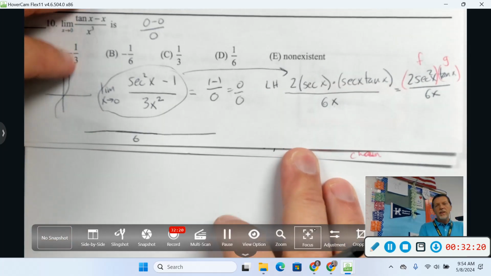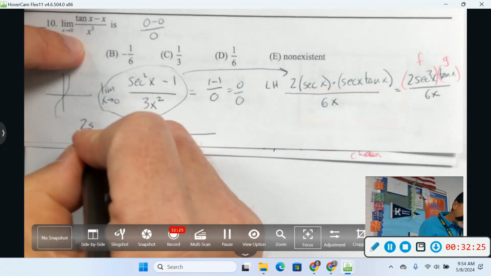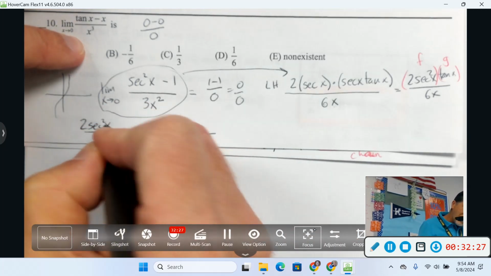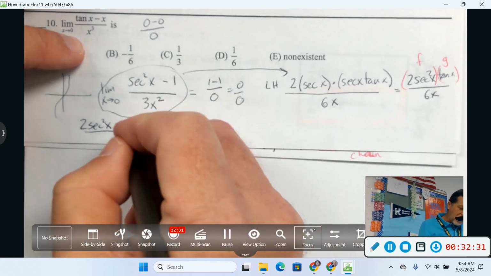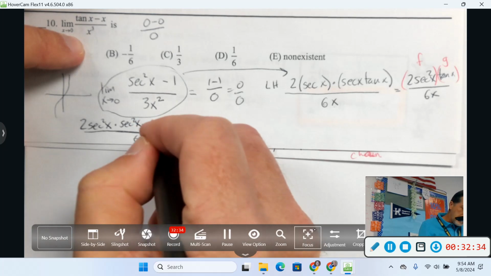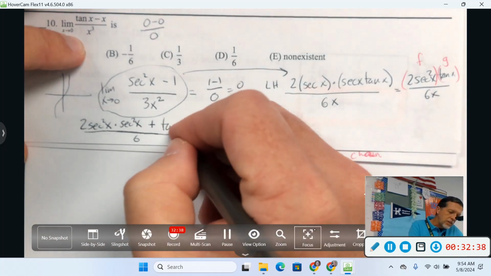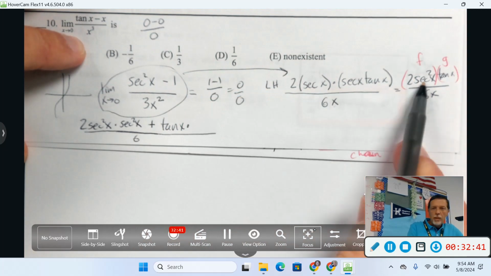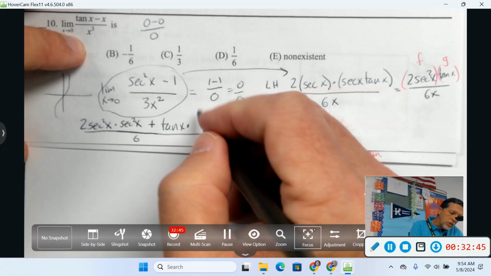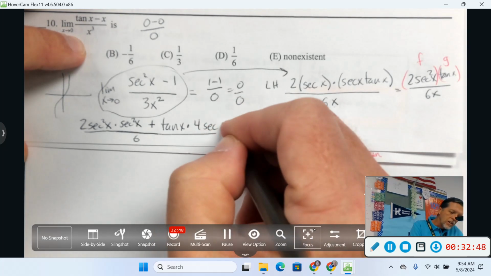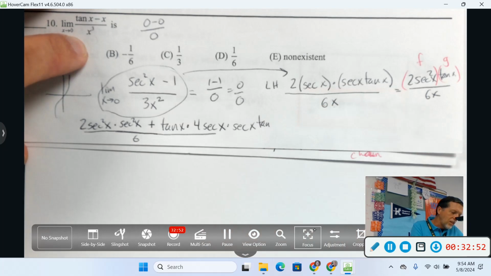So I'm going to go first times derivative of the second. So 2 secant squared x. Derivative of the second, derivative of tangent is secant squared. Plus, the other way around, so tangent times derivative of the first. So bring the 2 down, so 4 secant of x times secant x tangent x.